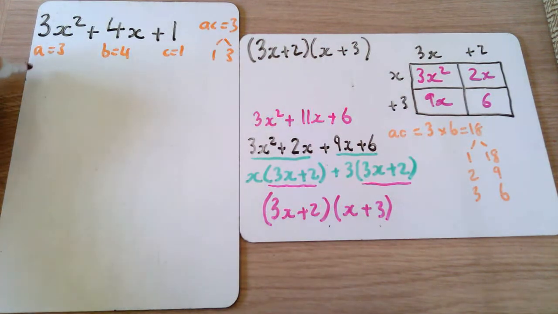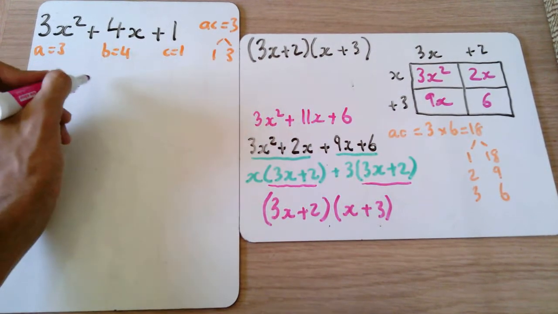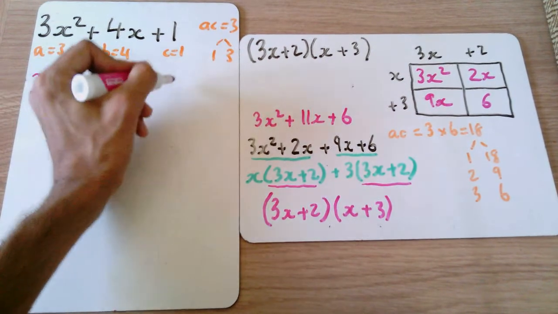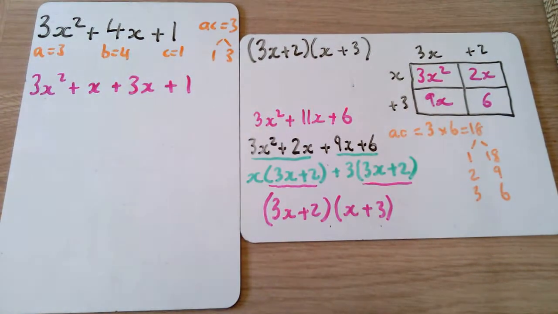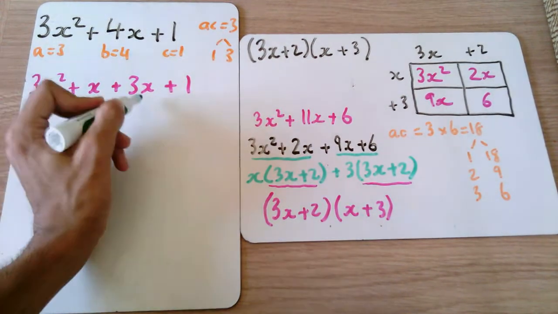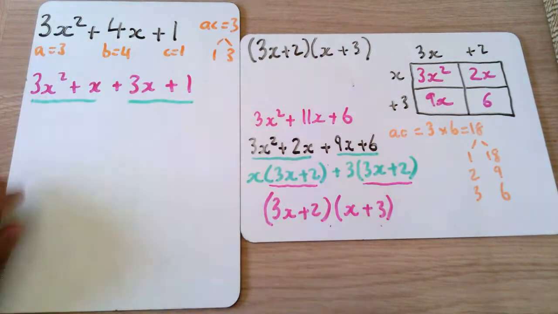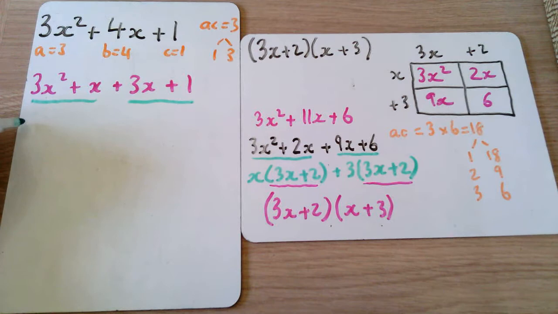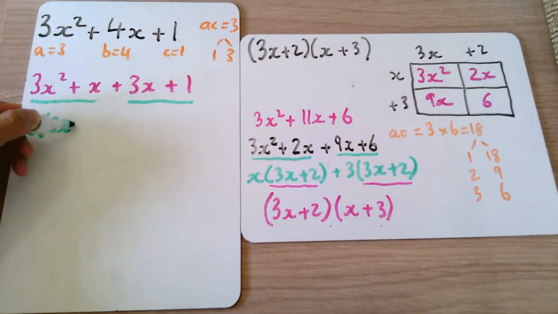So I'm going to rewrite this now as 3x squared plus 1x, or just x, plus 3x plus 1. We now need to factorise out the two pairs. So we look at what common factor there is over here and what common factor is over here. On the left-hand side, 3x squared plus x, we can take out a factor of x, leaving us with 3x plus 1.